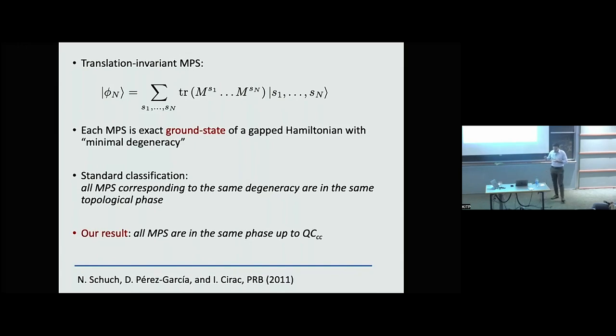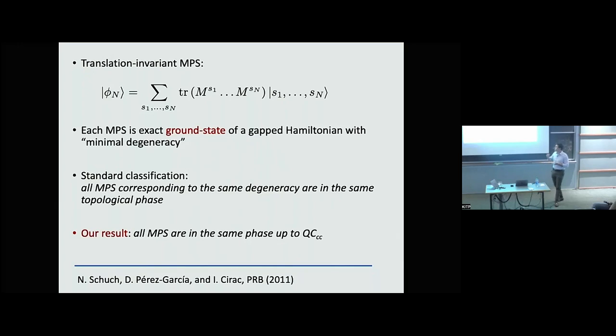A known fact is that translation invariant states are always the ground state of some Hamiltonian, and for every state, we can attach to it a minimal degeneracy of the corresponding Hamiltonian. So, for example, product states are the unique ground state of some local Hamiltonian. If we take, for example, the GHZ state, this corresponds to degeneracy 2.